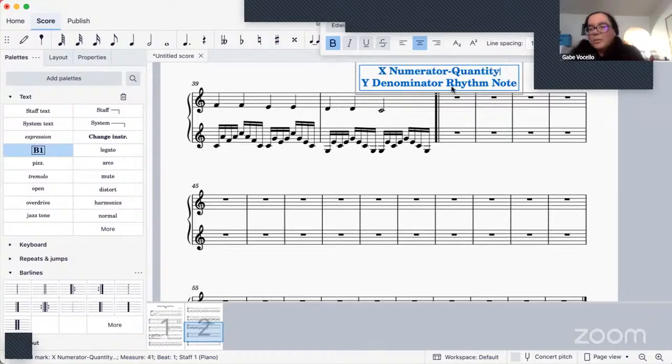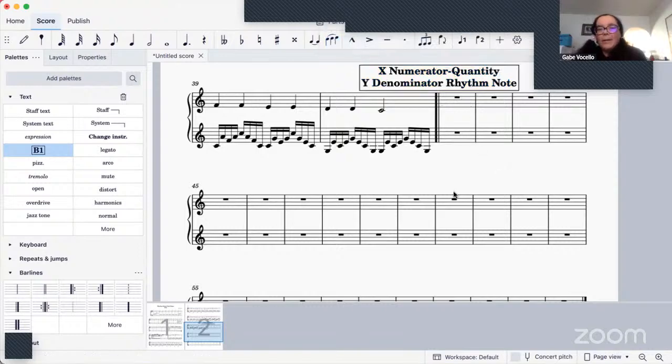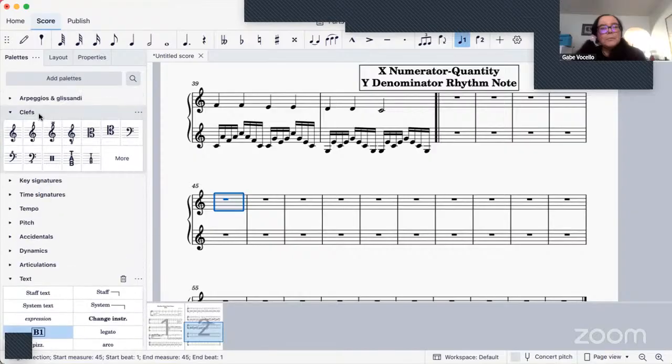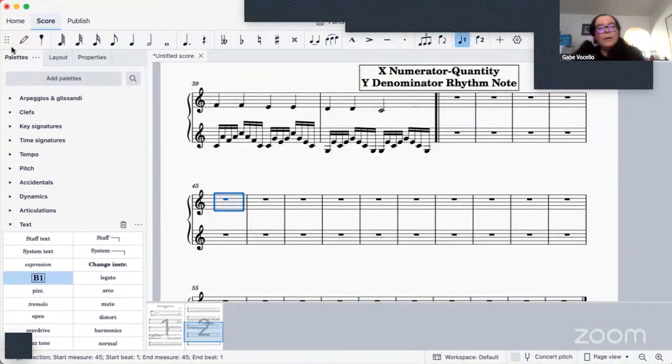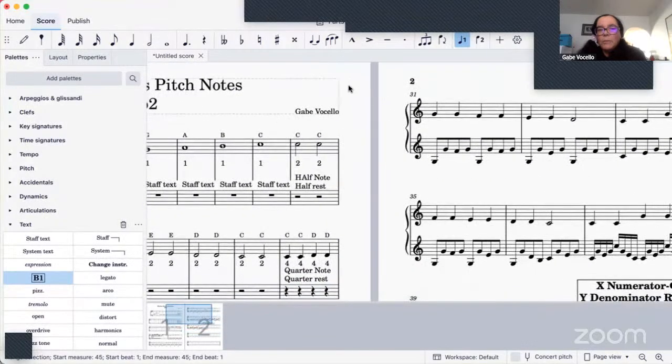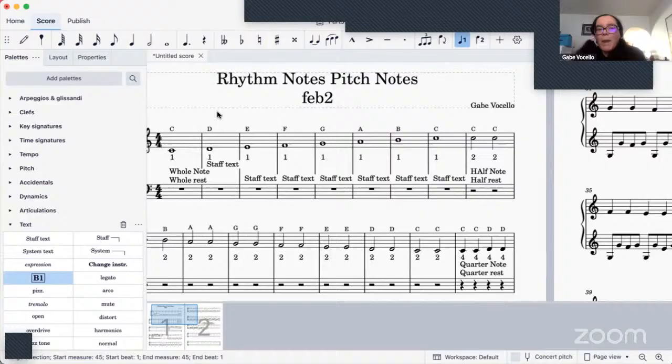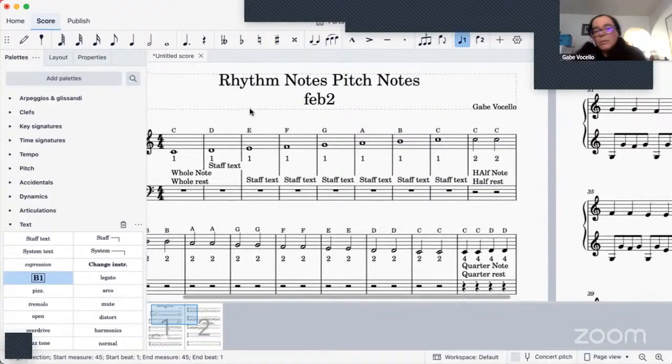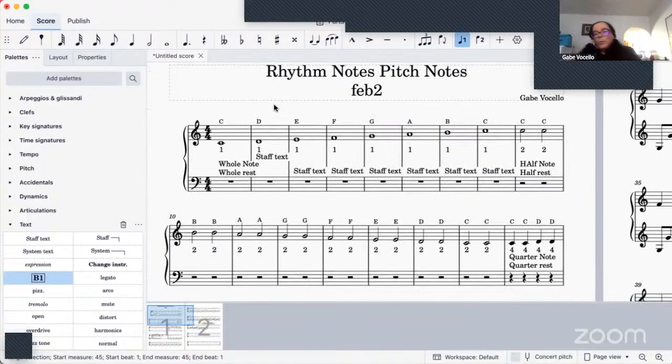So the numerator is the quantity. The denominator is the rhythm note. Now, for example, here. Can we have 4 over 3? No, because we do not have any division or subdivision of the whole note by the number 3, because the music is binary. Some say that it's tertiary, but it's not yet proved, so it's binary.